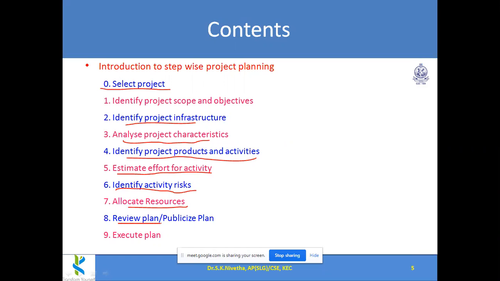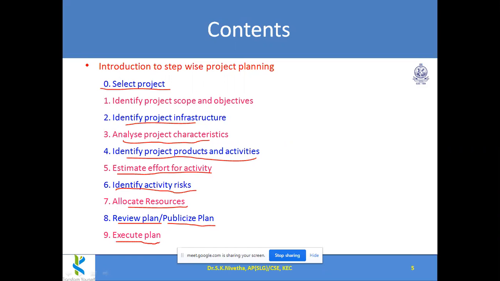So up to this step, we made some plan, and if required, activity-wise risks are identified and resources are planned. So in this case, if we want to revise the plan, then we can revise. Once it is finalized, we can publicize the plan among the stakeholders. This is the idea how we are going to carry out the project.